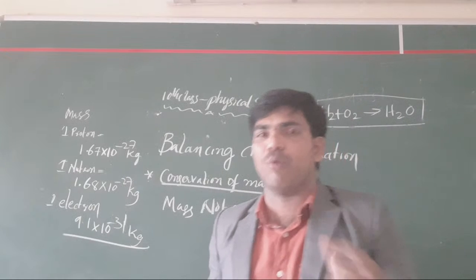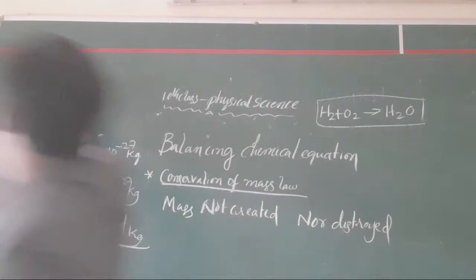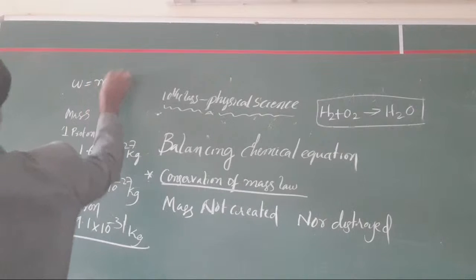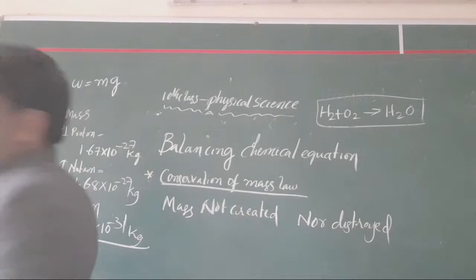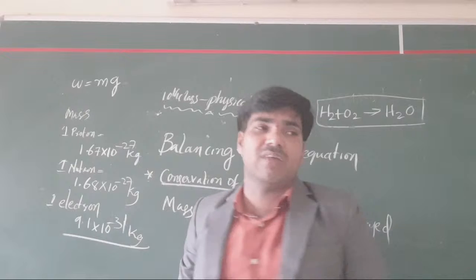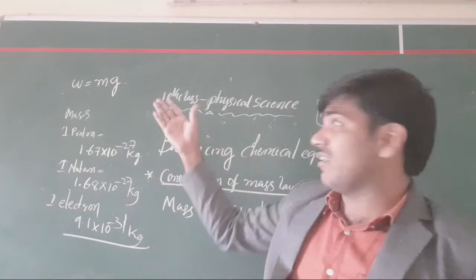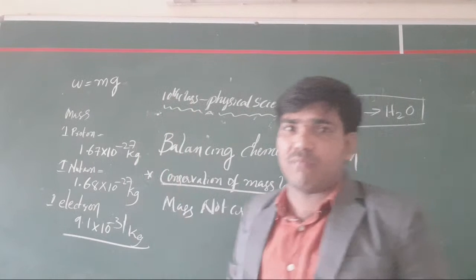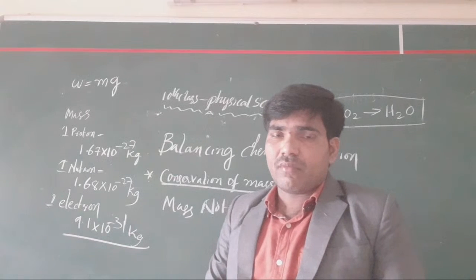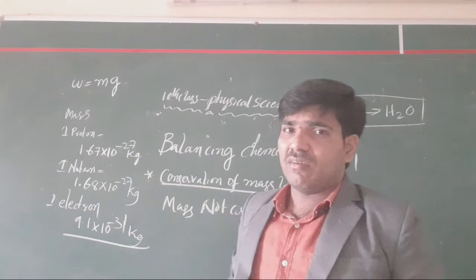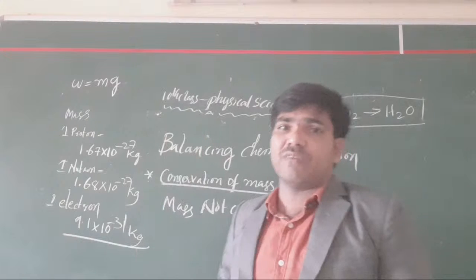It is 60 into 9.8. The weight is W equal to M into G. Understand all of you students? The weight is totally different from mass.